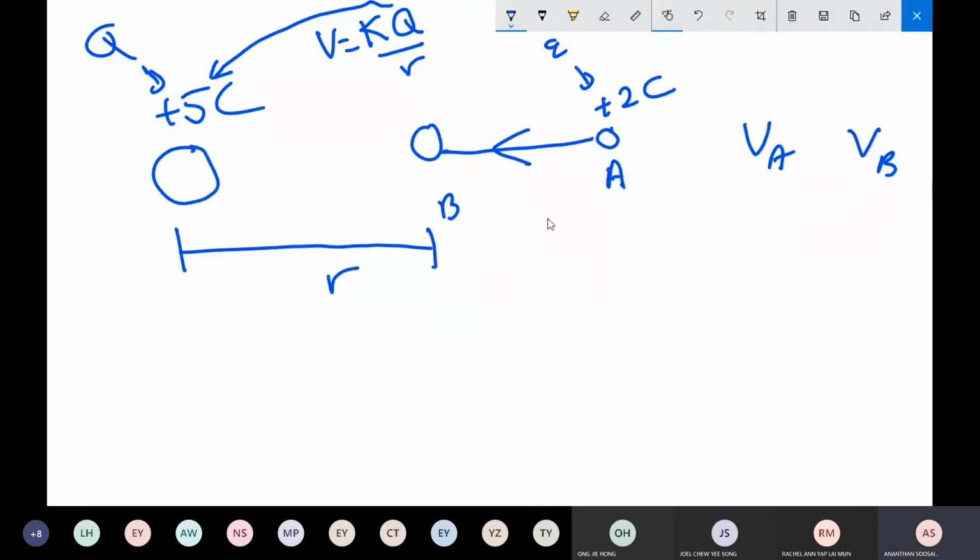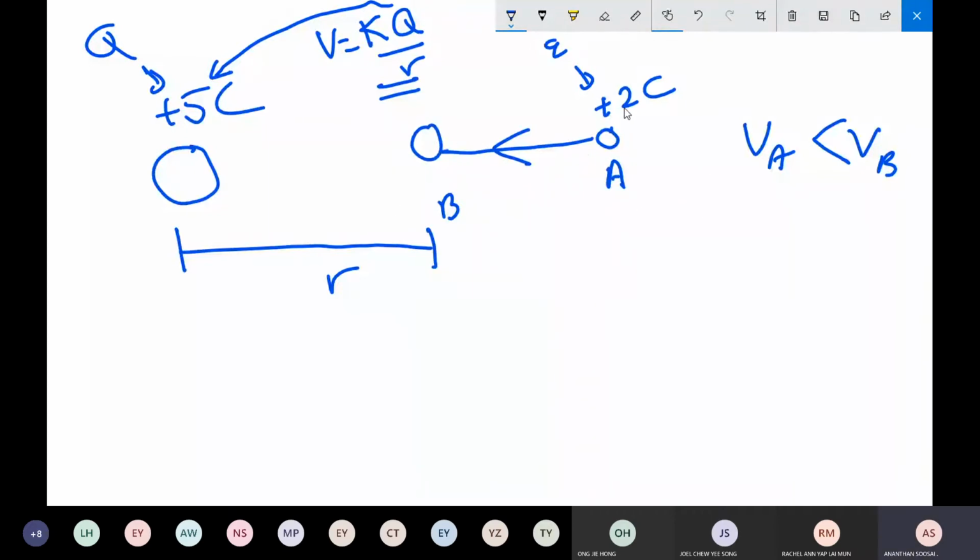Should be VB, right? VB should be greater because the center charge is positive 5 coulomb. Work done to bring from infinity to this point, a shorter distance, so VB is greater. You can use this formula: because r is shorter and Q is positive, VB should be the greater potential.